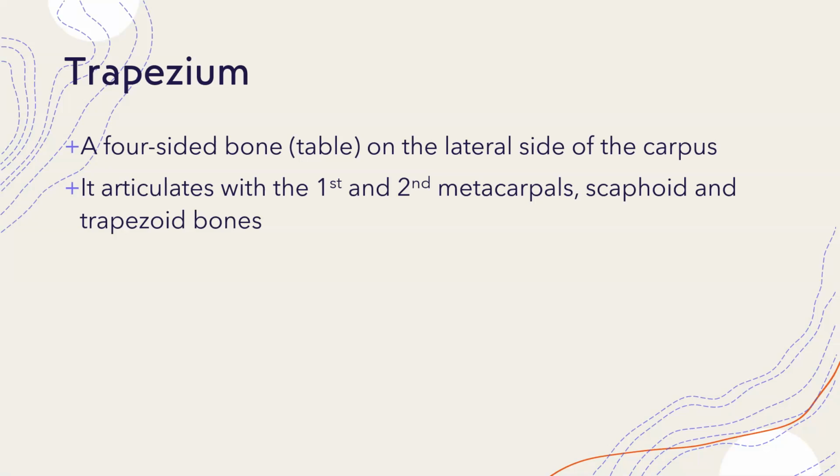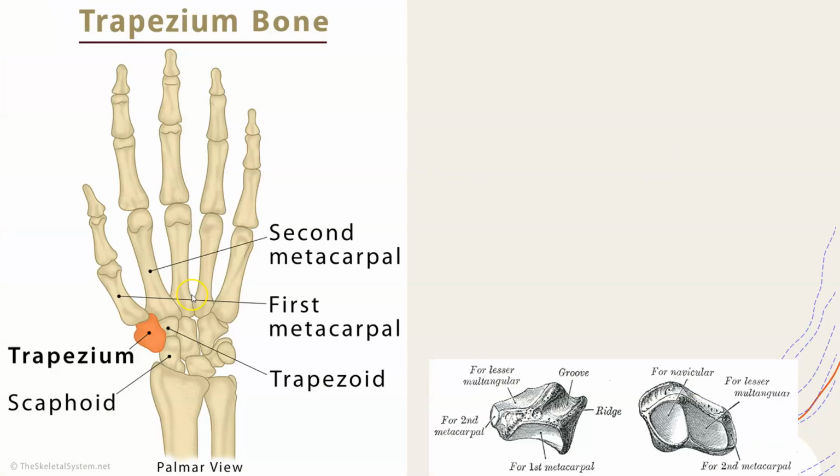It articulates with the first and second metacarpals, the scaphoid, and the trapezoid bones. So we can see here your first metacarpal, here is your second metacarpal, and this is your scaphoid. You can see the trapezium articulates with the first metacarpal, the second metacarpal, medially with the trapezoid, and proximally with the scaphoid. Remember, this is all the lateral aspect. Here's the thumb, here's the little finger.